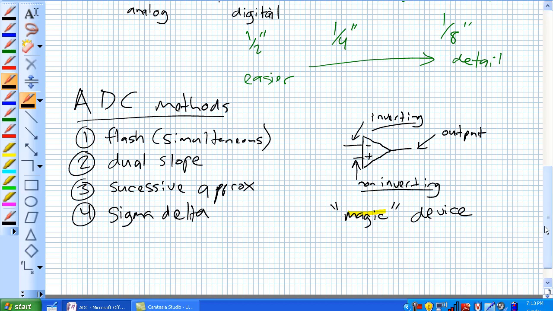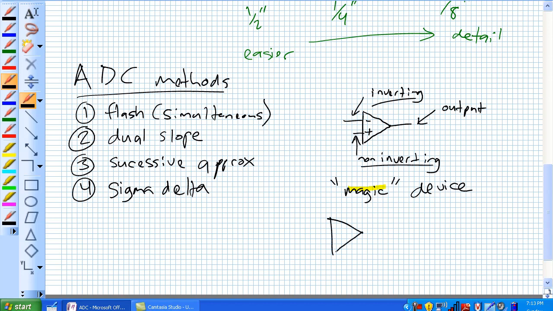Okay, think about this. We've got our inputs here, and our non-inverting, let's say it's held to ground. Here's a resistor Ri, and here's a Vin. Now watch this.